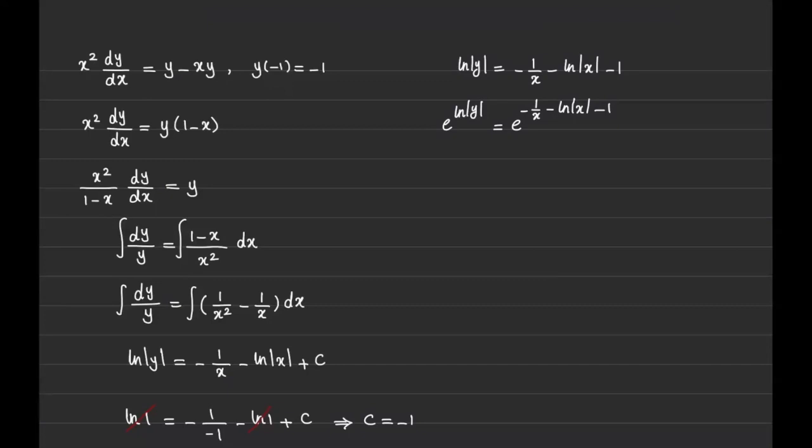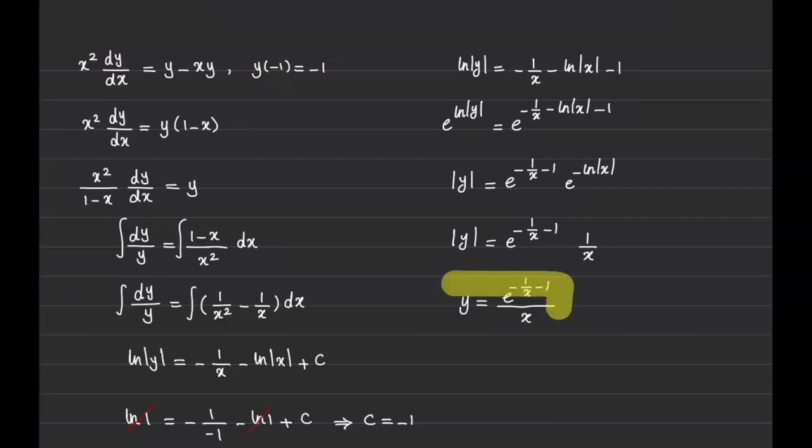On the left-hand side, we will have the absolute value of y, and we can simplify the right-hand side as e to the power of -1 over x minus 1 times e to the power of minus ln of x, where e to the power of minus ln of x is 1 divided by x. So this is the explicit solution of the given differential equation.